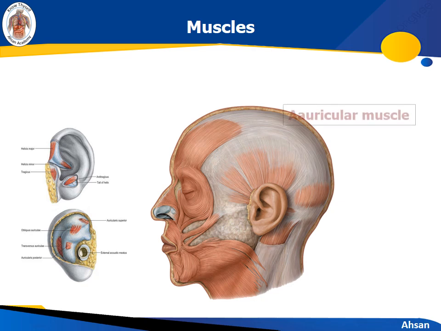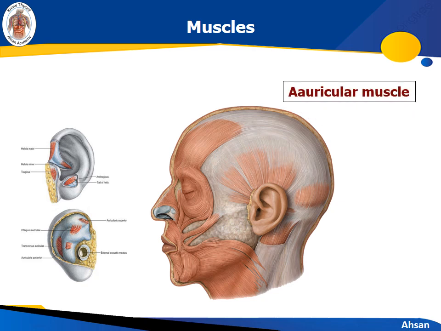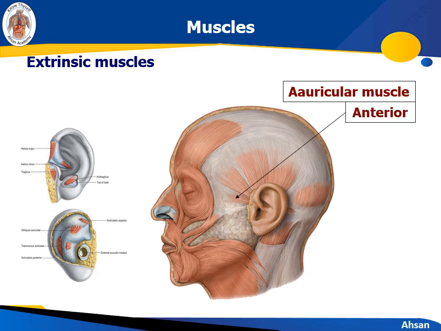The external ear, that is the auricle, has some muscles that are classified as extrinsic muscles and intrinsic muscles. These extrinsic muscles are the anterior group of muscles, the superior group of muscles, and the inferior group of muscles.